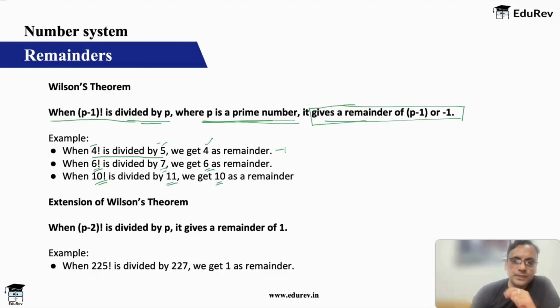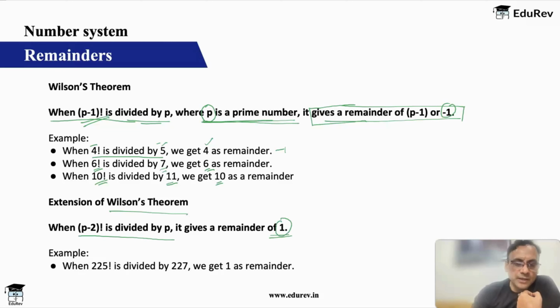Okay, so important, your p should be a prime number, your divisor is a prime number, and your dividend is (p minus 1) factorial. Then there is an extension or modification of Wilson's theorem: when (p minus 2) factorial is divided by p, then the remainder is 1. So here the remainder is minus 1 and here the remainder is 1.